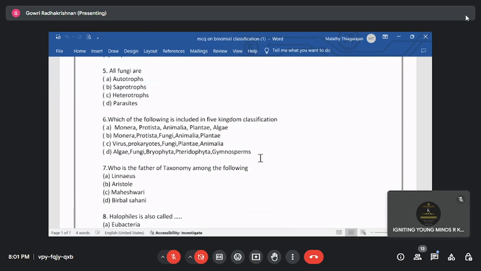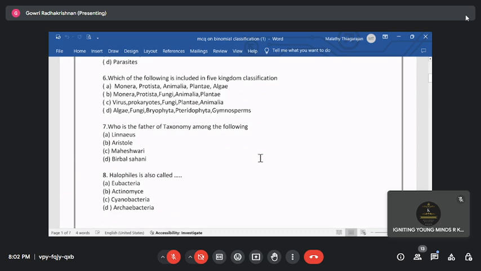Heterotrophs depend on other food sources; they cannot synthesize food. Parasites basically harm the host organism to receive nutrients or shelter. So heterotrophs is the correct answer.